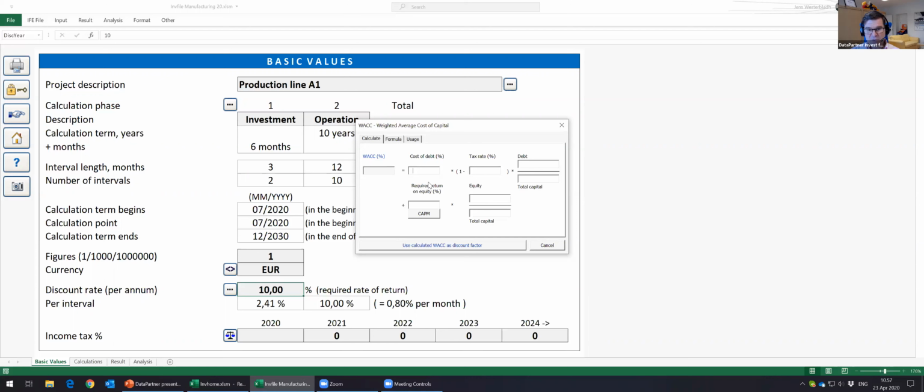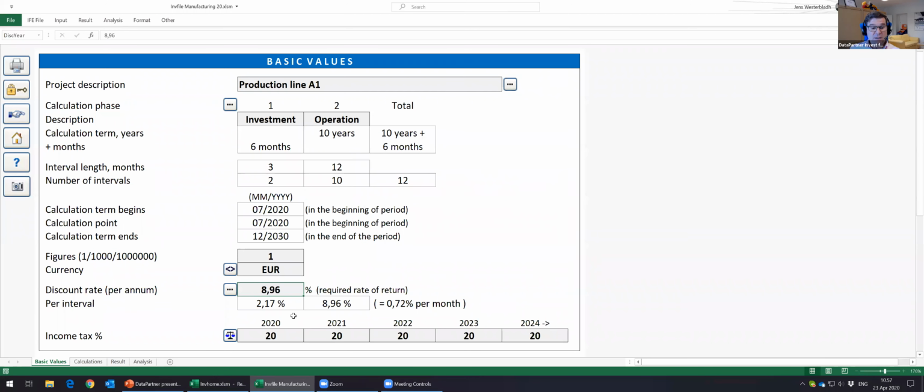Let's say you pay an average 2% interest for your debt, but you can deduct the debt in taxation, and your corporate tax rate is 20. Let's say you have 60% debt of total capital, which leaves 40% equity, and the owners want a 20% return on equity. So now it will calculate the weighted average cost of capital to 8.96. And when I press use, it will copy it here.